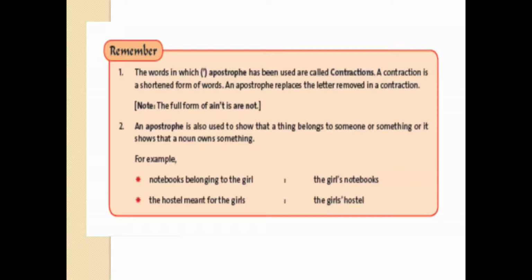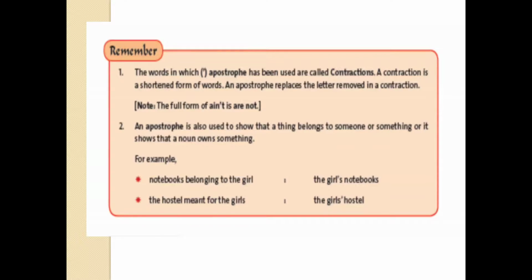Notebooks belonging to the girl, we say like this, the girl's notebooks, and the hostel meant for girls can be said like this, the girls' hostel. It is a plural noun, girls, so we have just put an apostrophe after the girls. And in the first example, it's a single girl, so we have put apostrophe s.